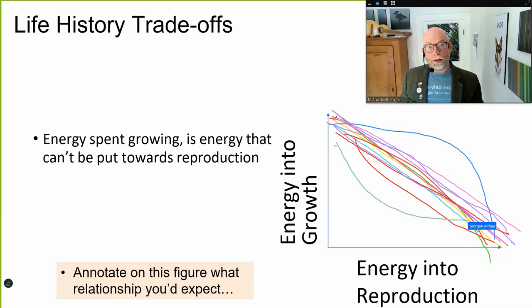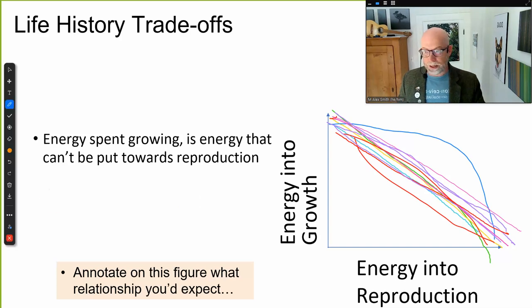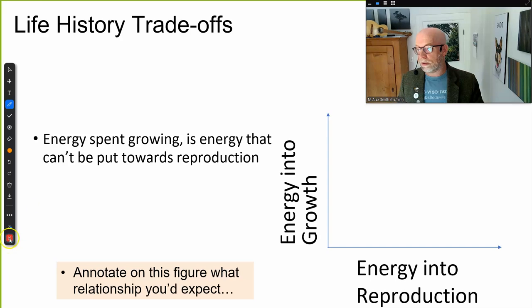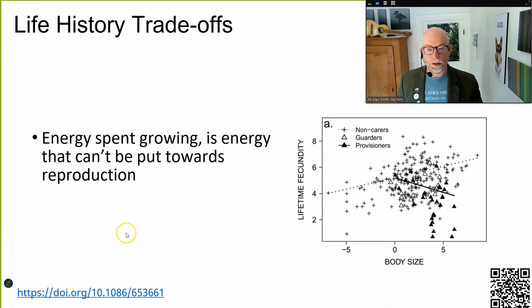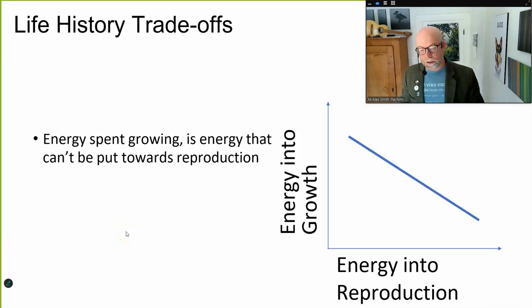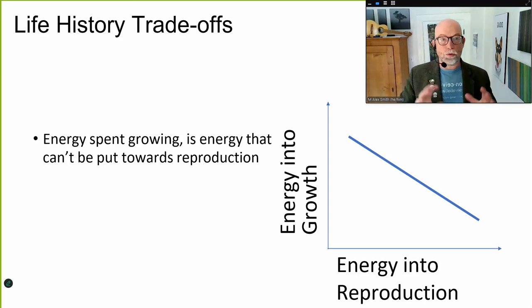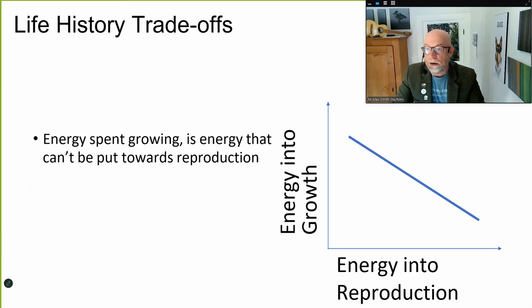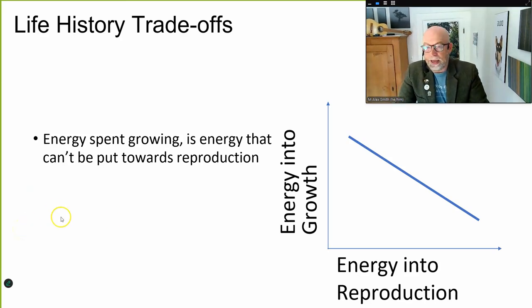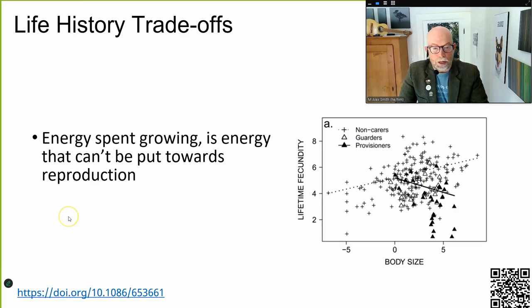Both can happen in nature, I could imagine conditions where each of those would happen, but the majority of what we would expect to see, let me clear these, thank you, is that which the majority of your lines were. So neither was wrong, but this is the majority of cases that we would expect to see, right? Because energy spent growing is energy that can't be put towards reproduction.